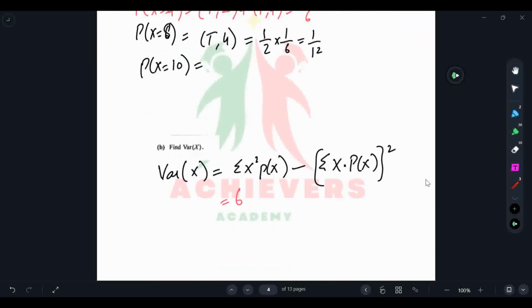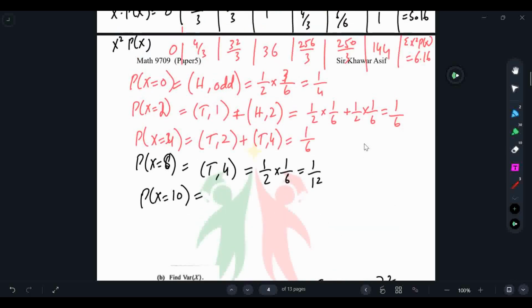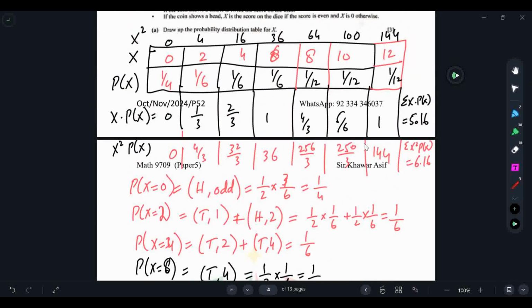So 6.16 minus x square into probability of x. Okay, there is a slight change here.